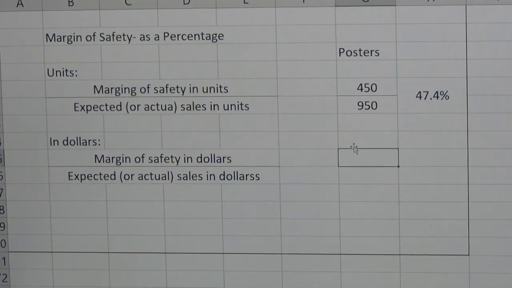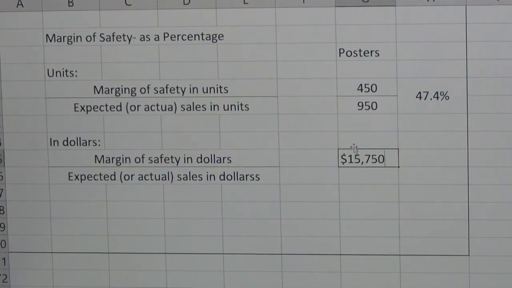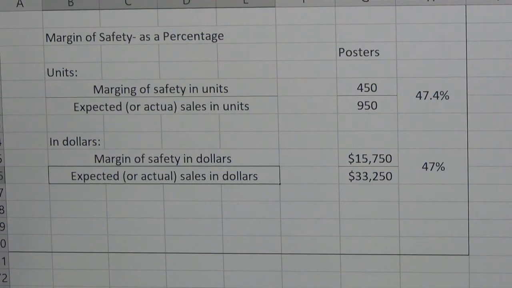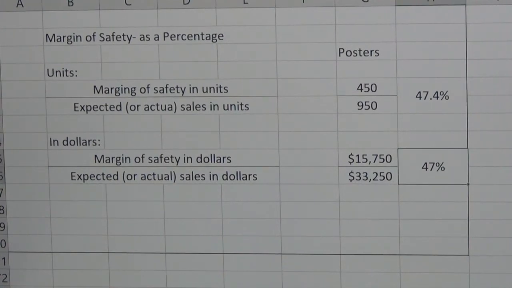And if you recall, the dollar amounts we previously computed were $15,750, that was our margin of safety, and our expected sales in dollars were $33,250. 15,750 divided by 33,250 brings us to 47.4%. So we're going to get the same percentage between the units and dollars.